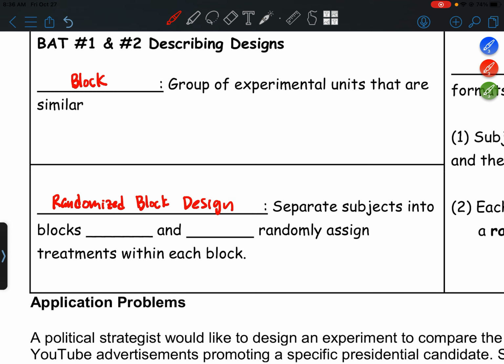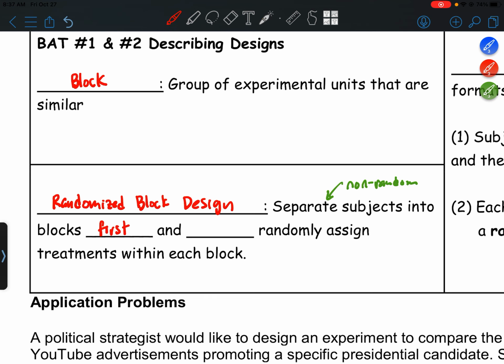And so we separate the subjects into those blocks or subgroups first. It's really important to point out that this separation occurs in a non-random fashion. We're not randomly assigning somebody to be a junior or a senior. They are already in those grade levels. We're using our prior knowledge, human element, to create these subgroups first.